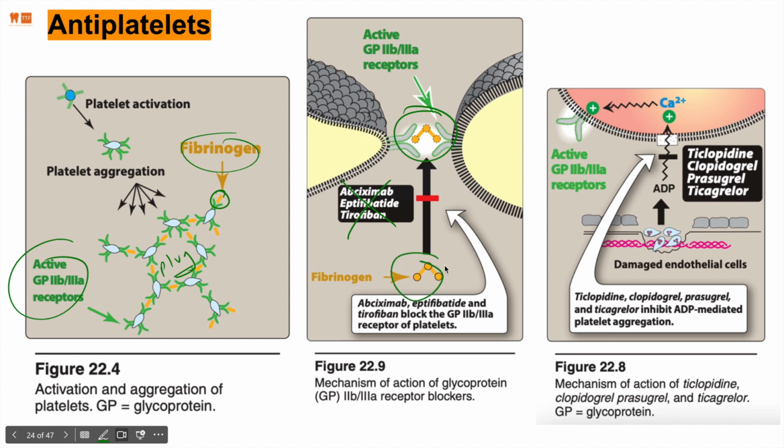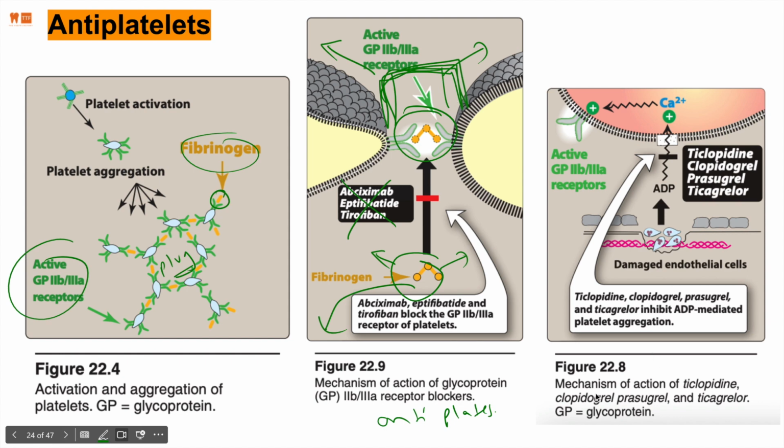Fibrinogen is like, where do I go? I don't have a place to go. So it goes back home, and we have an antiplatelet effect, because platelets cannot stay with one another. The gap is created, and therefore the clot is prevented.